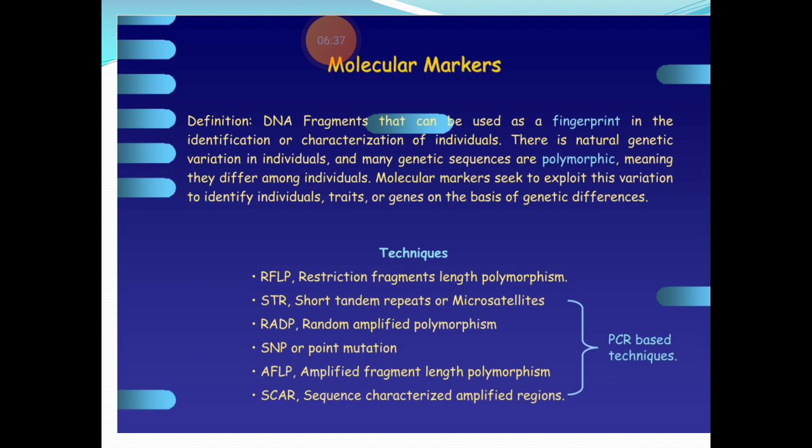These molecular markers seek to exploit this variation to identify a particular individual or a trait or genes on the basis of genetic differences. Normally, we make use of RFLP, STR or microsatellites, RAPD, SNP or point mutation, AFLP and SCAR. These are all the various techniques wherein we make use of molecular markers.